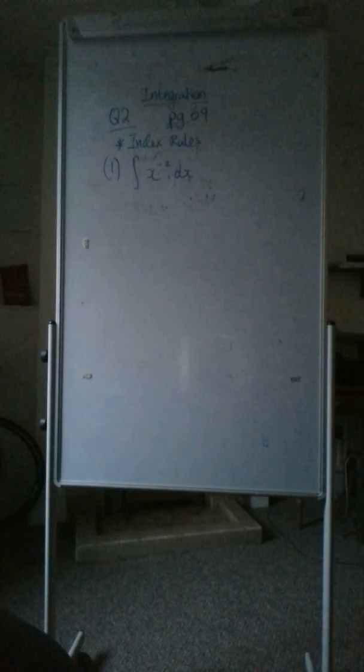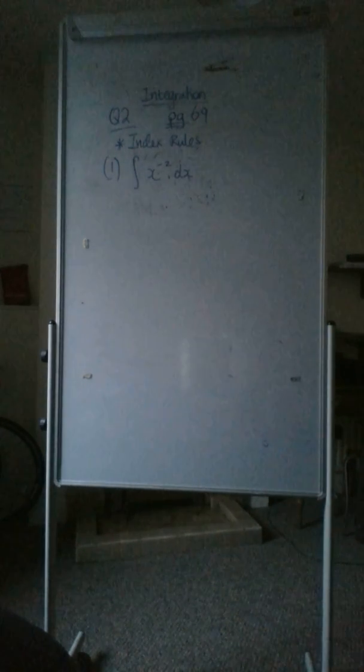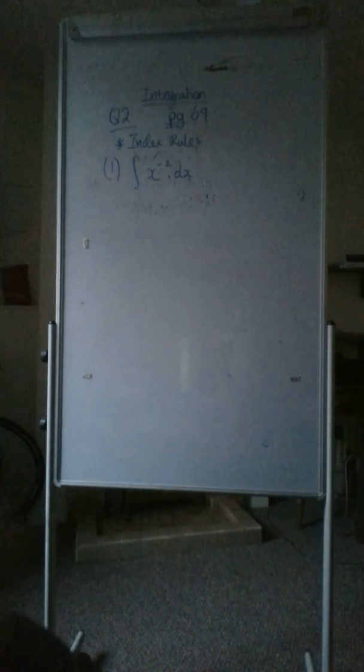So I'm just going to pick one of these to do. If I pick the very first one, it's asking you to integrate x to the power minus 2 with the little dx. And remember, that dx is always going to be there. By the rule, we're going to increase the power by 1.